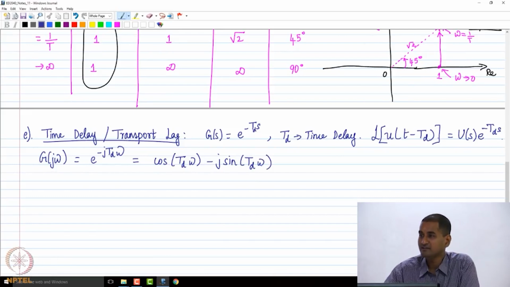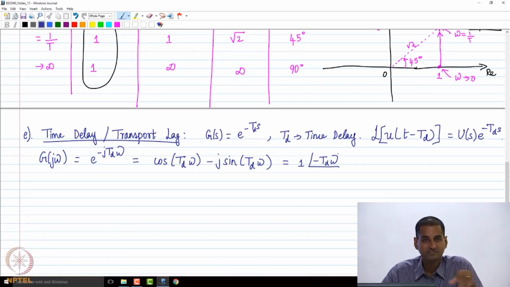That's the real part and the imaginary part, correct? I'm just using Euler's relation. And then what can you say about its magnitude? 1. Phase? Minus T_D omega.